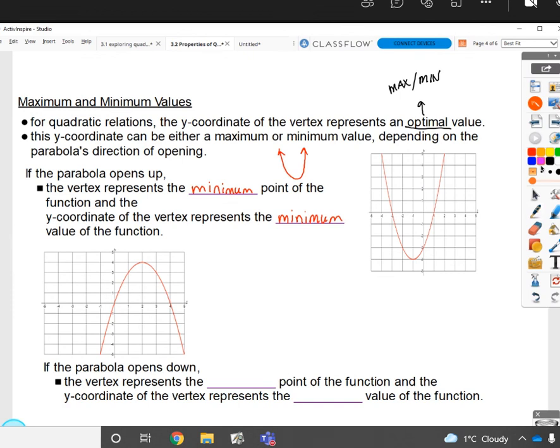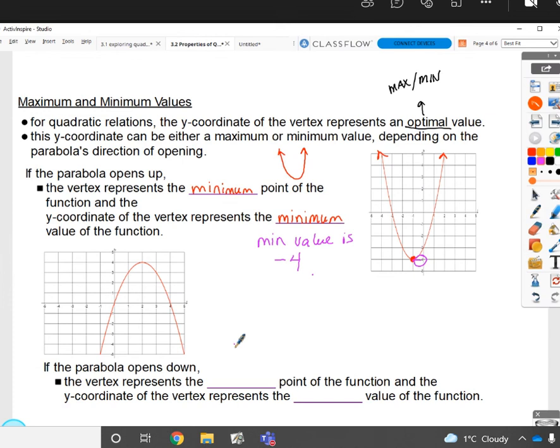So this right here, it's smiling, yes. This point right here, that's the vertex, and the minimum value of the vertex is negative 4. So we go over here and say min value is negative 4. Min meaning minimum.